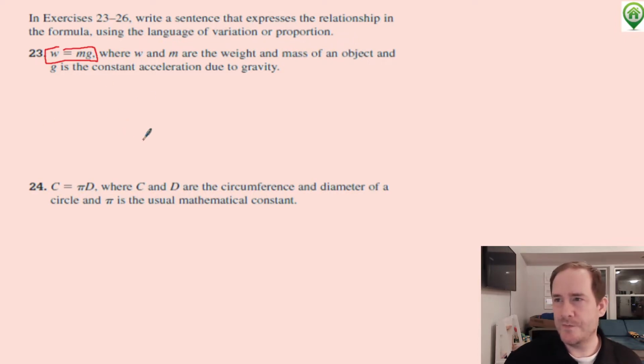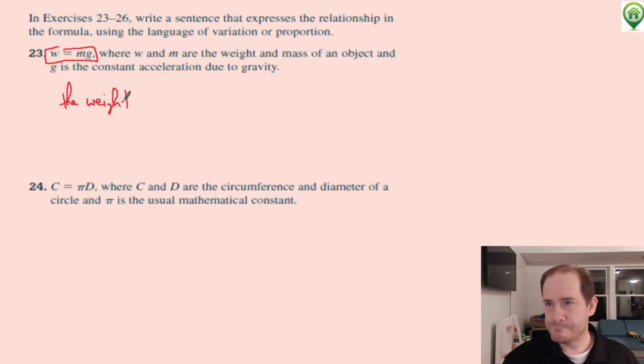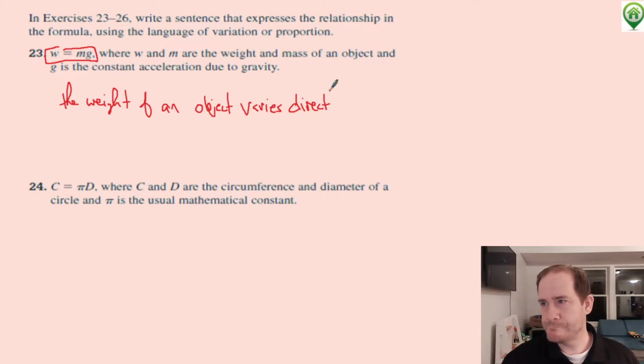Okay, so just make sure you write out every word that you can. So you would say the weight of an object varies directly with m, which is the mass of the object.